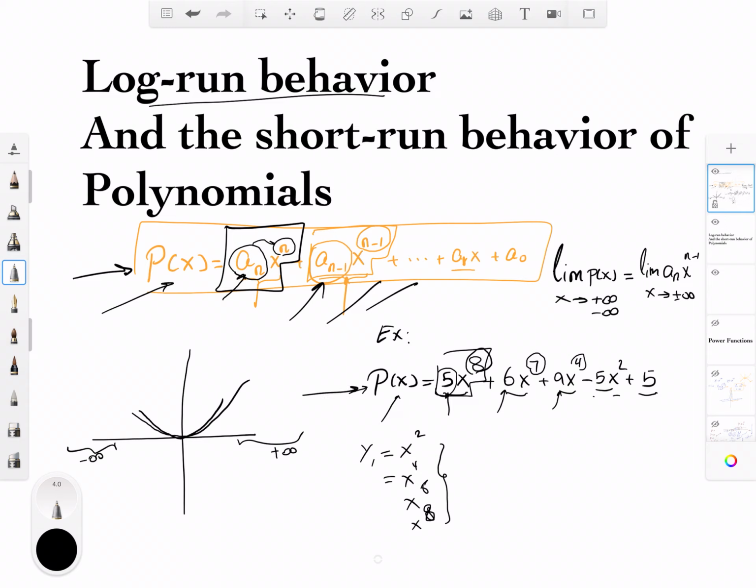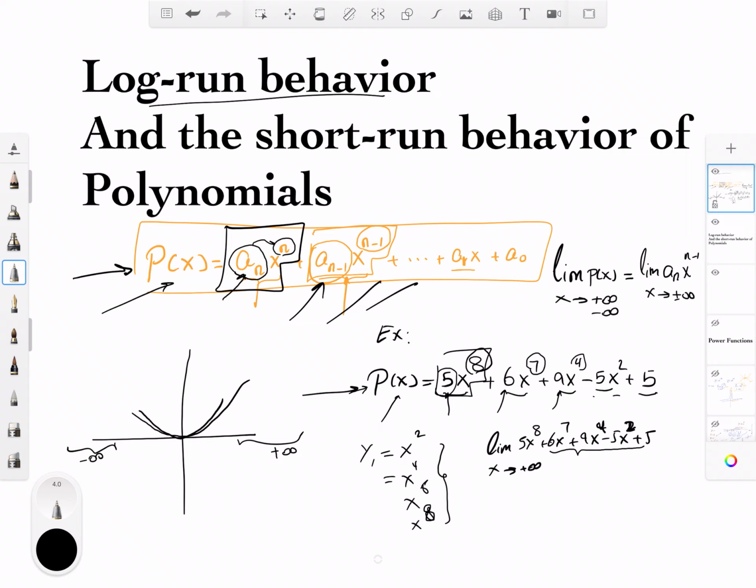If I ask you what is the limit of 5x to the power 8 plus 6x to the power 7 plus 9x to the power 4 minus 5x squared plus 5 as x goes to positive infinity, we don't need to worry about the other terms.